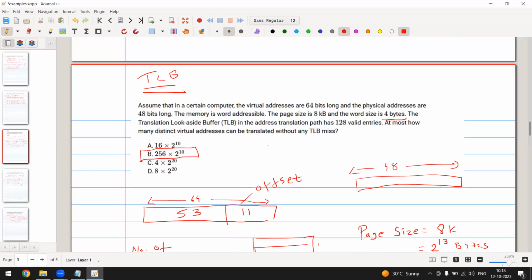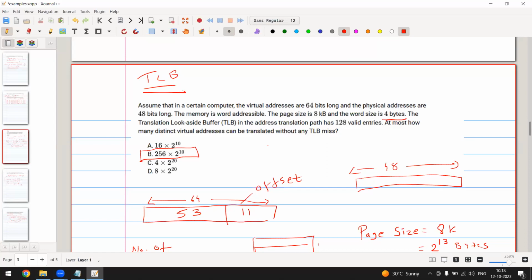This is at max and in the best case. So in the best case, it can find this many addresses without any TLB miss. So that is one more example, and this is the end of all the examples which I wanted to discuss.